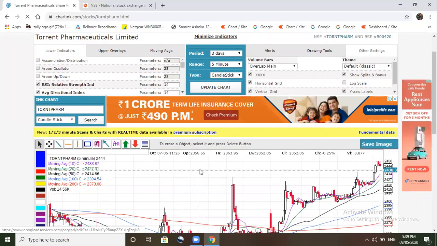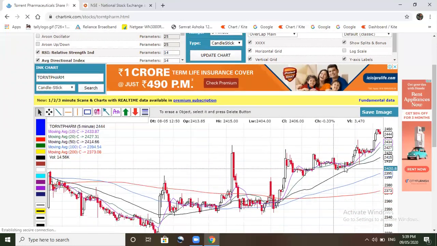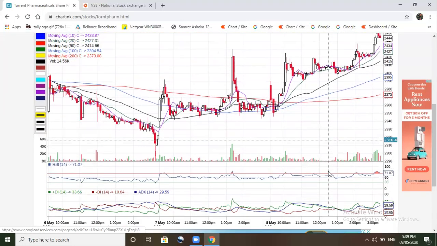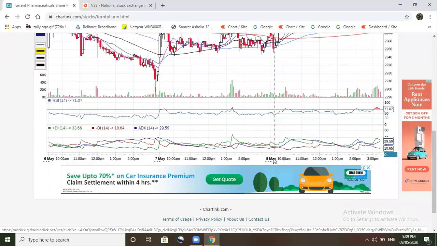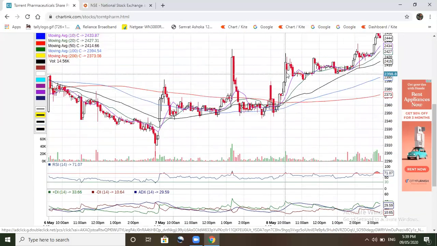Now what was happening? Yesterday I observed that the stock was trading like this. From here it has started, but I have not noticed here. But here the stock was going up to 2460, coming down to 2400 levels.